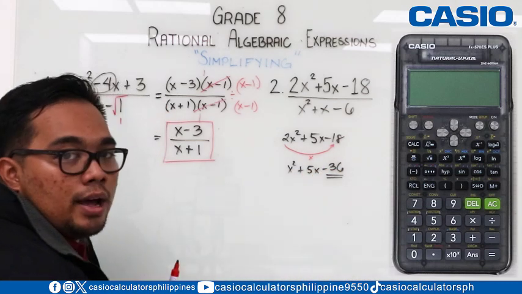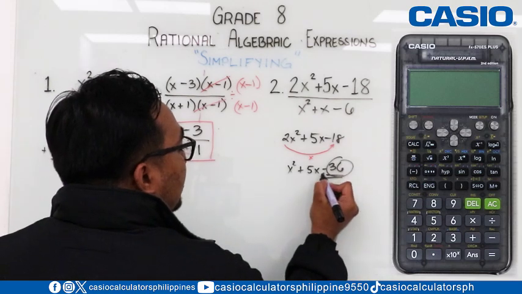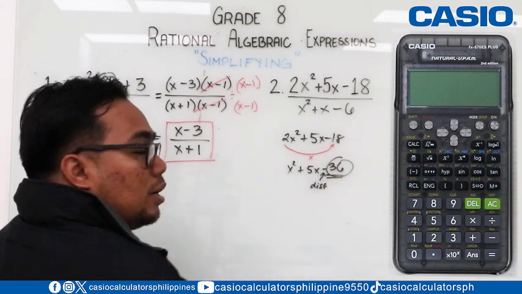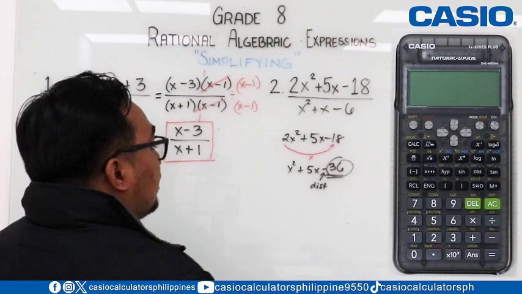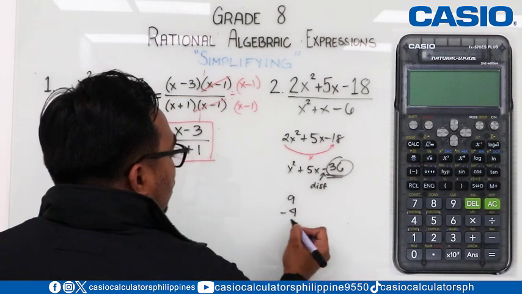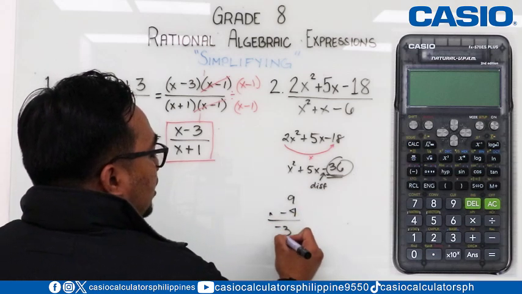Let's think of a factor of 36 that when you get the difference, since this is subtraction, will be equal to positive 5. And that will be 9 and negative 4. So if we multiply 9 times negative 4, we get negative 36.